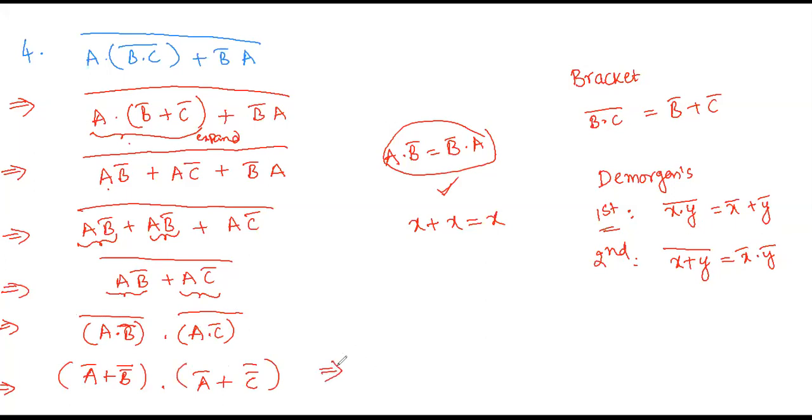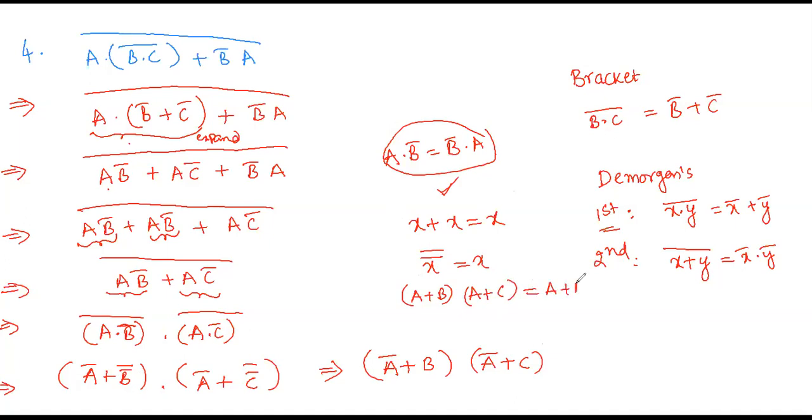Double complement, x bar bar is equal to x only. So you have to write A bar plus B, A bar plus C. And we have rule number 12, A plus B into A plus C is equal to A plus BC.